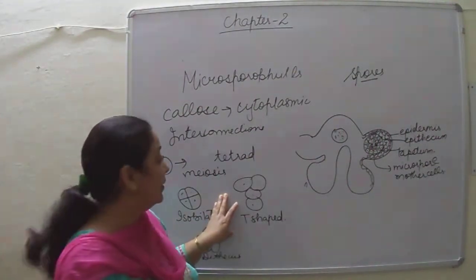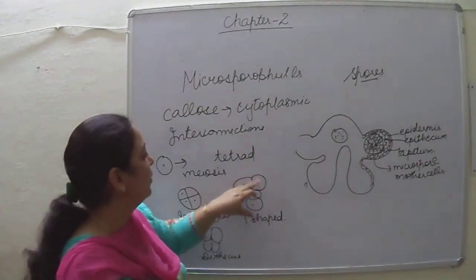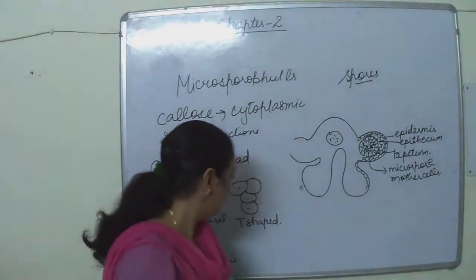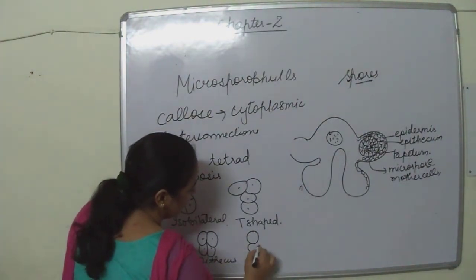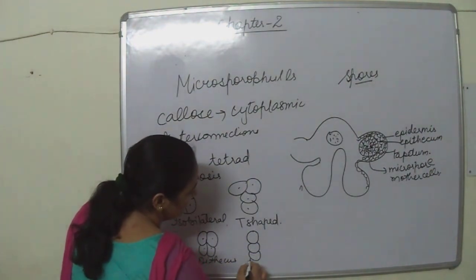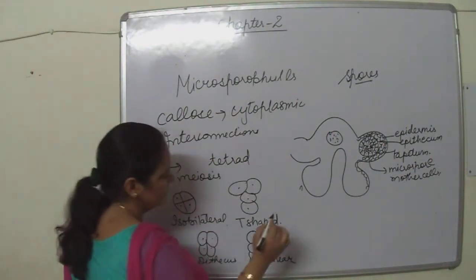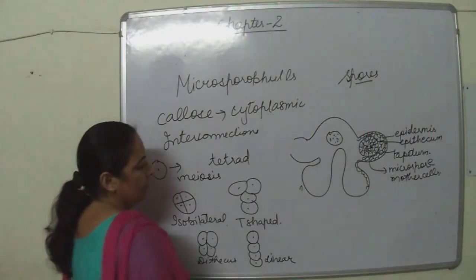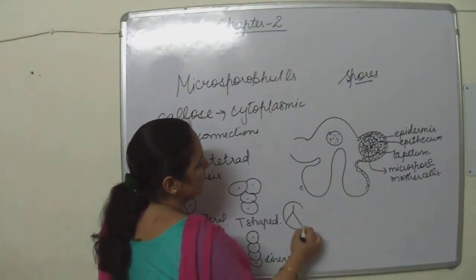And these four nuclei, next shape, linear. These four are arranged in a linear shape. It is known as linear. Next one is tetrahedral.